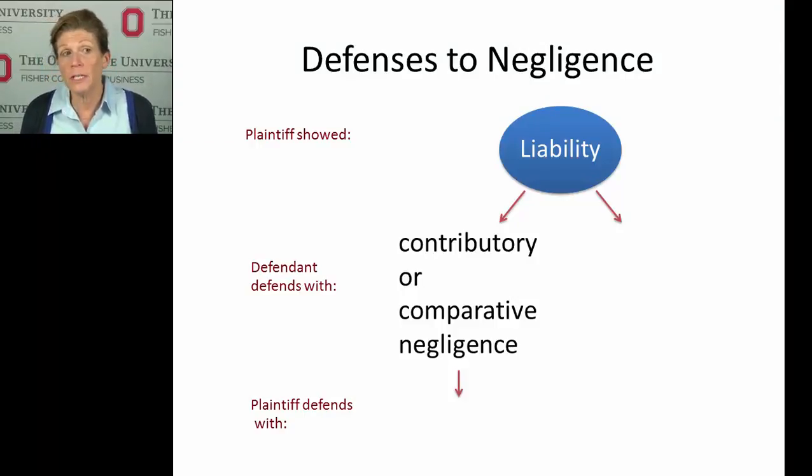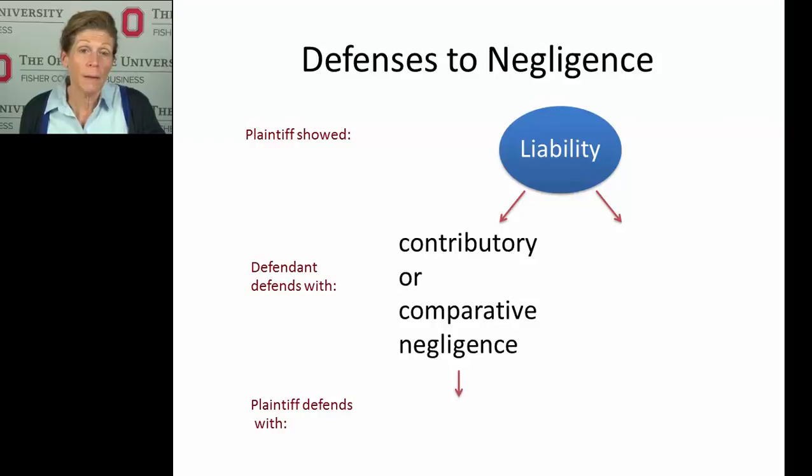Now, a lot of states have also adopted what we call a modified comparative negligence. And what that is, they just require the defendant, the person who's being sued, to be at least 50% negligent. So if the jury finds that, let's say, the person turning left was only 40% negligent and the speeder was 60% negligent, then the speeder is not going to be able to recover anything from the person turning left because they didn't meet that 50% mark.